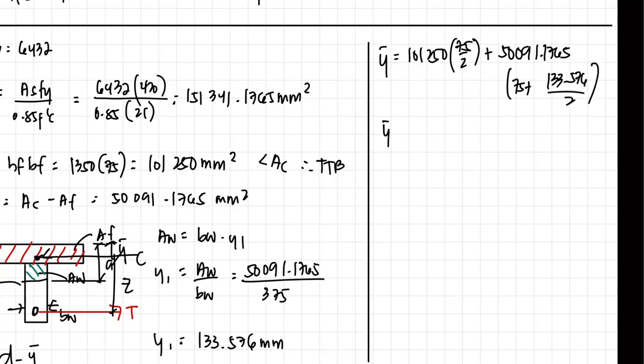Okay? Bar Y. Tapos divide natin dun sa area ng concrete which is 151,341.1765.